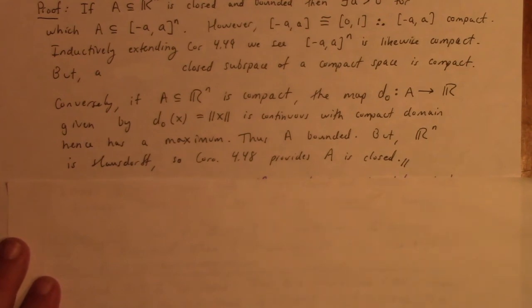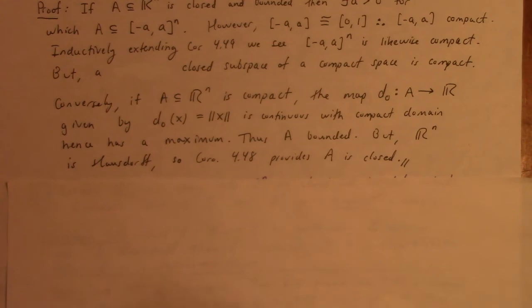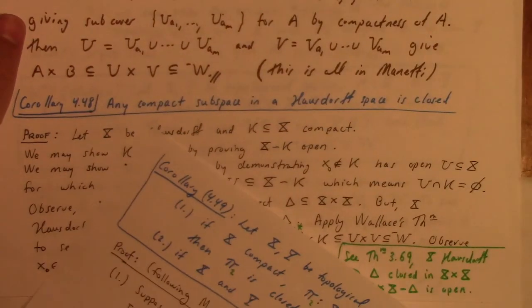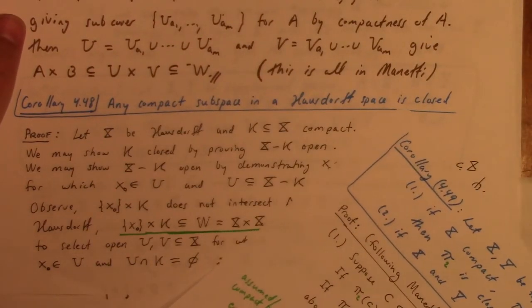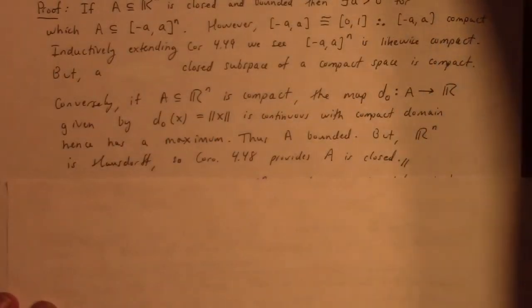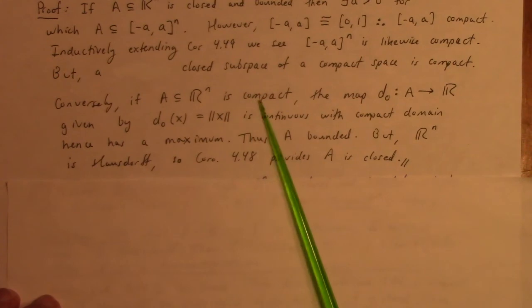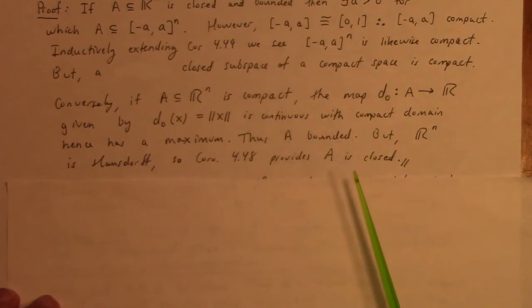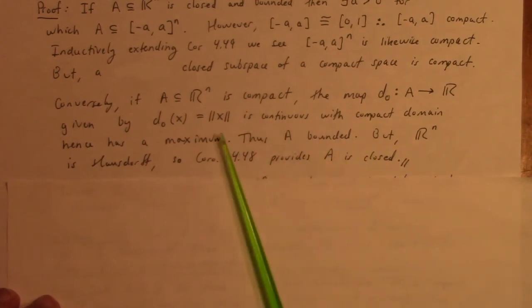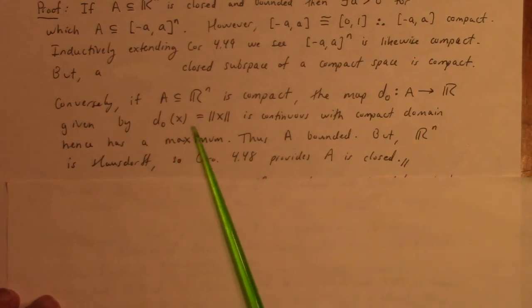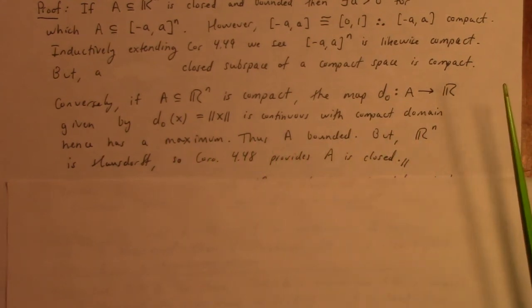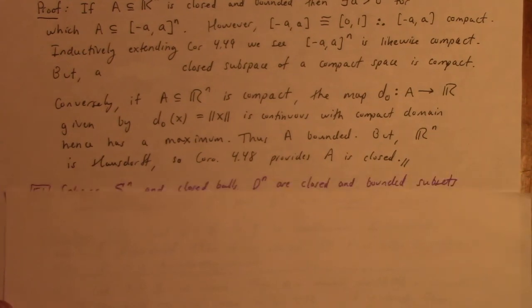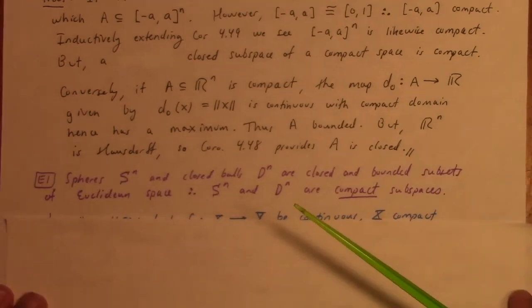Corollary 4.48, which was like 10 minutes ago, said that any compact subspace of a Hausdorff space is closed. So we've got that a compact subspace of a Hausdorff space is closed, and this argument on the distance function gives you the bounding, using the extreme value theorem on that continuous function. So there it is. Application.